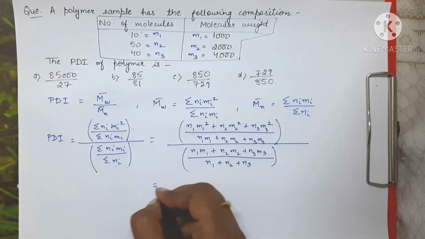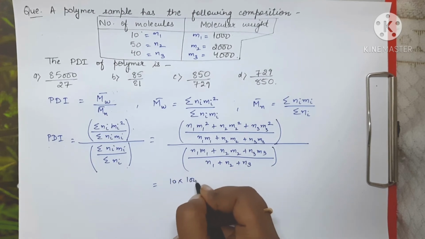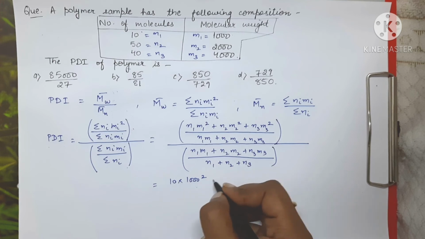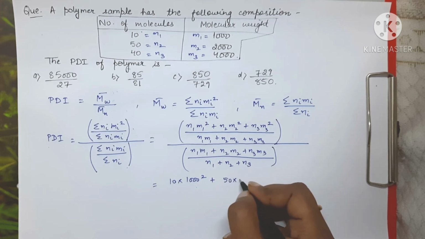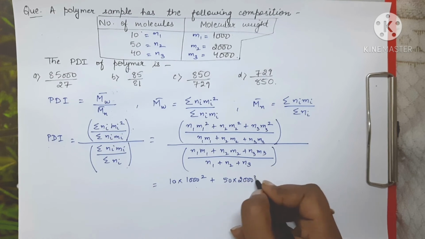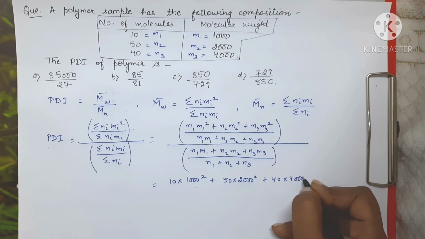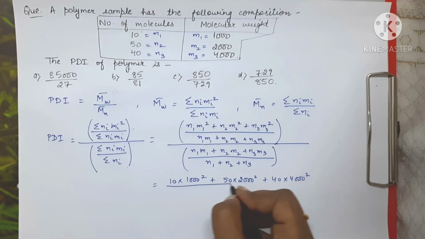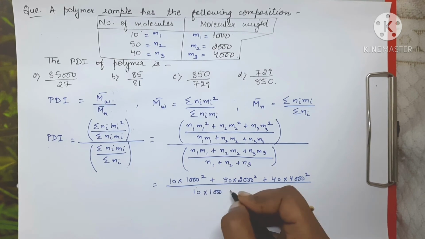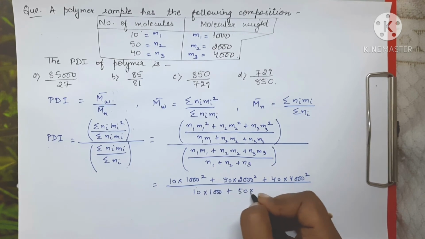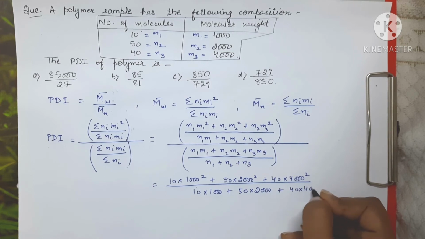So what we are going to get is 10 into 1000 square plus 50 into 2000 square plus 40 into 4000 square, divided by 10 into 1000 plus 50 into 2000 plus 40 into 4000.